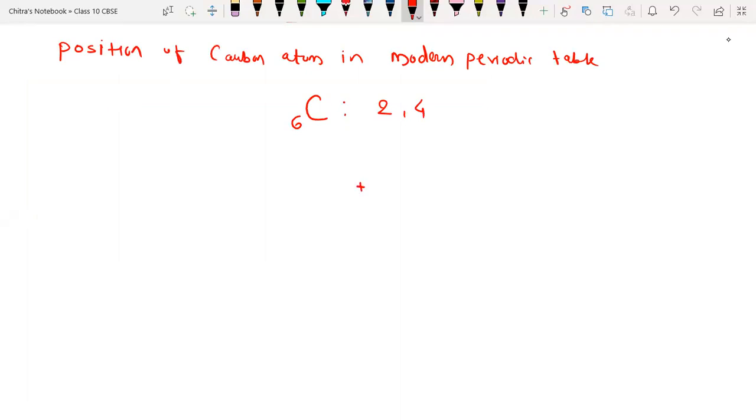That means carbon has the first shell where 2 electrons are present and in the second shell 4 electrons are present. That means carbon has 2 shells, so it belongs to the second period.